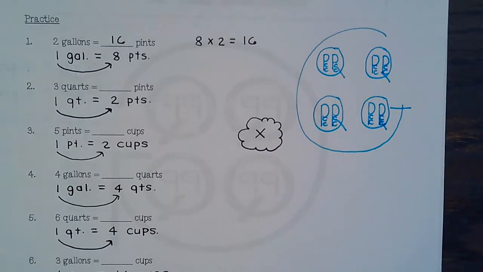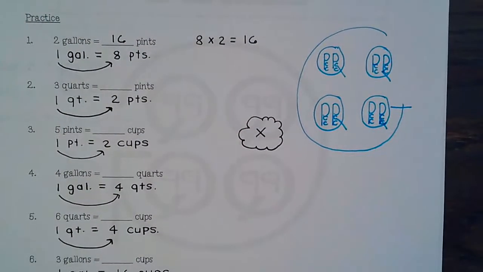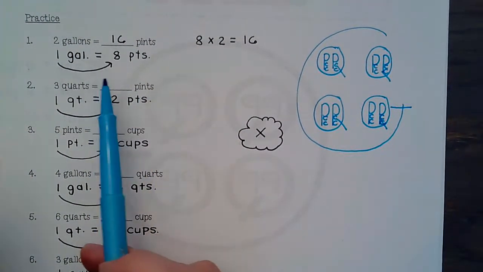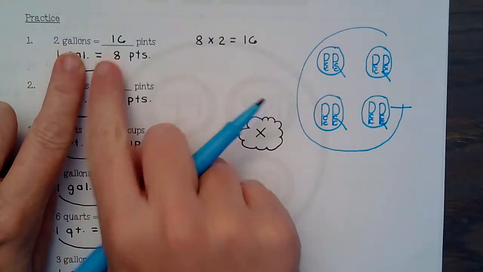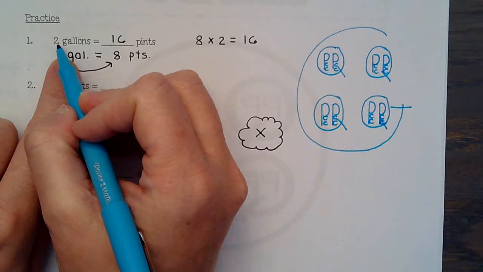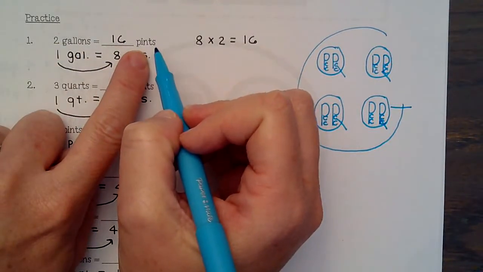Okay. This is going to help me as I go through and look at these practice problems. So earlier on your notes, I went in and filled in some helpful things that might look confusing, but in a second, I think you'll find that they make some sense. The first question here asked us to figure out 2 gallons equals how many pints.